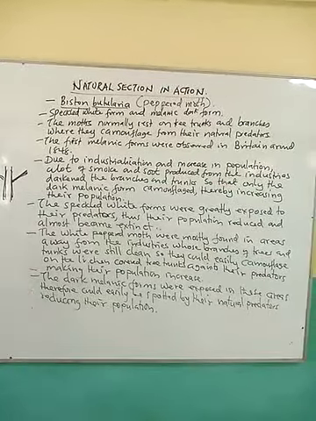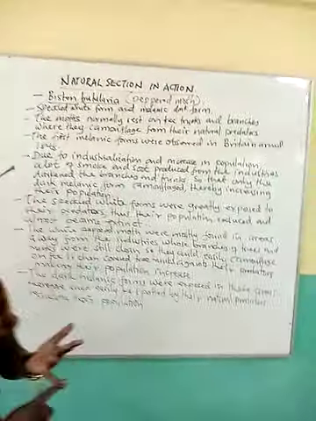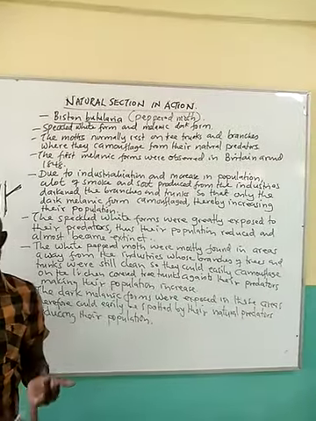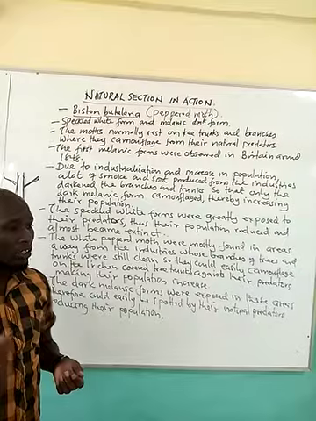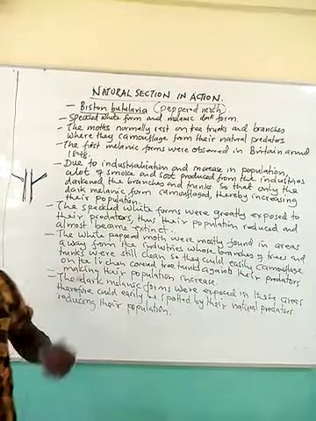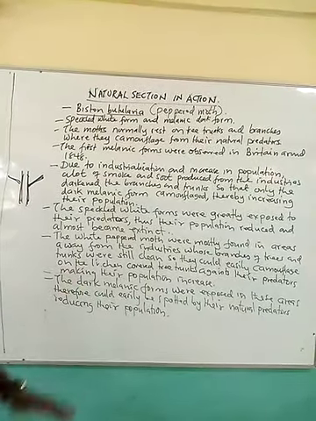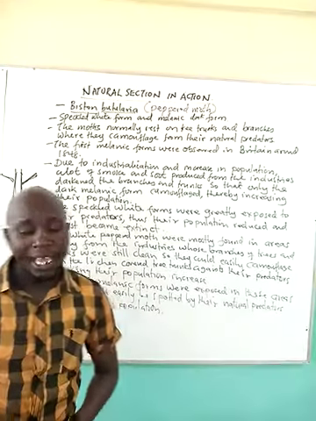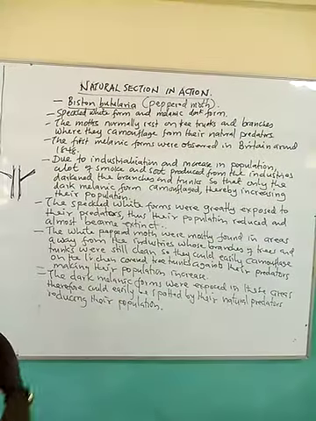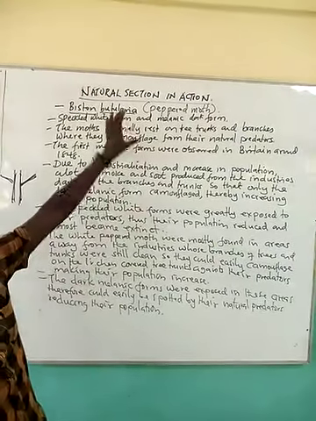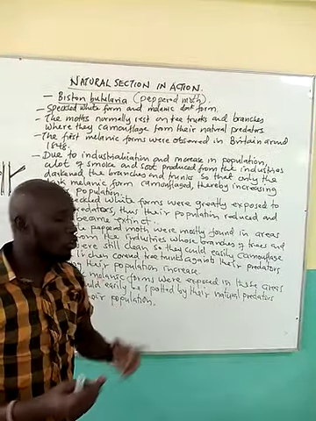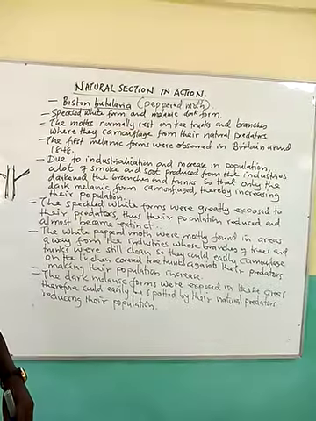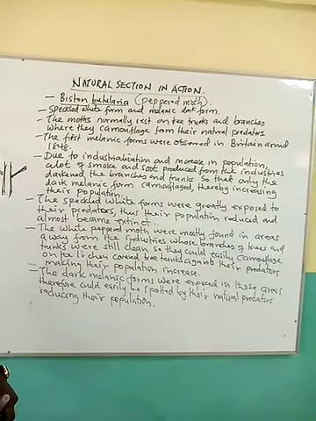We have only talked about two conditions here. One, those areas that were industrialized had a lot of smoke being produced, and the smoke that was being produced here could darken the tree trunks and even the branches. Therefore, only dark melanic forms were able to camouflage in the dark environment. Therefore, they were not exposed to their natural predators, so they can easily camouflage and therefore reproduce and increase in number.